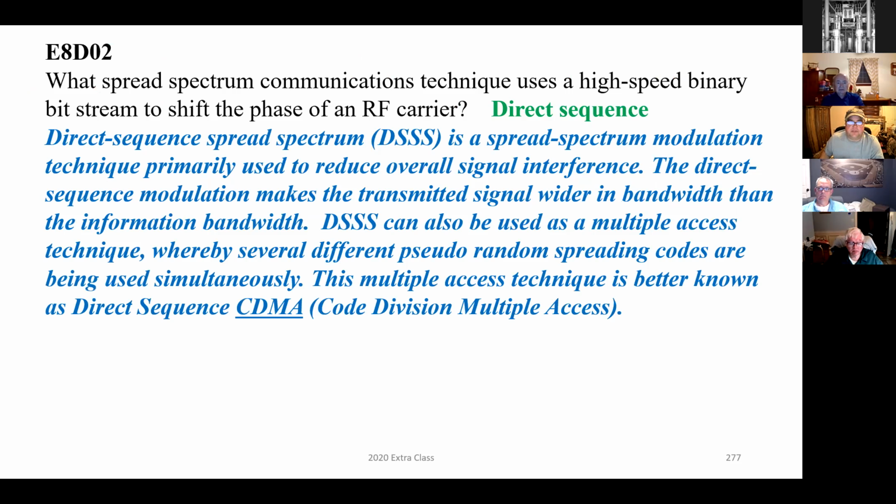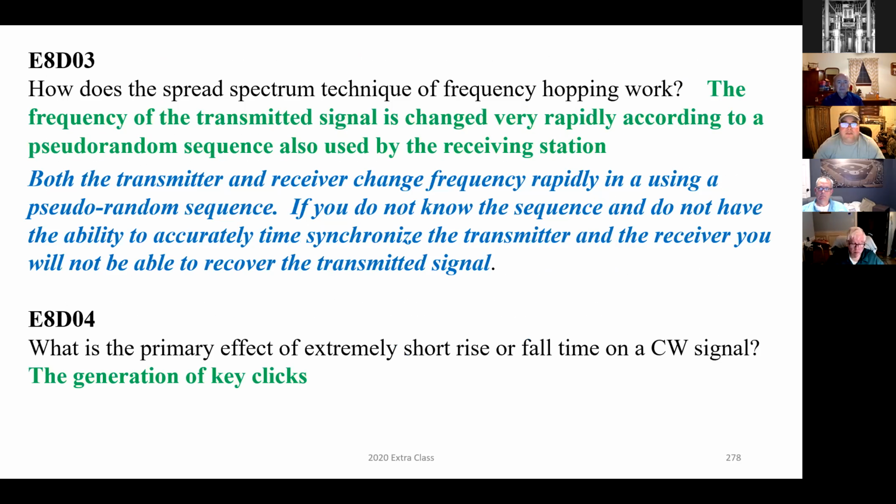It's direct sequence. How does the spread spectrum technique of frequency hopping work? The frequency of the transmitted signal is changed very rapidly according to a pseudo-random sequence also used by the receiving station.